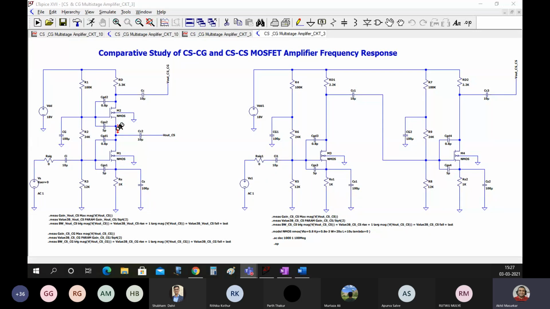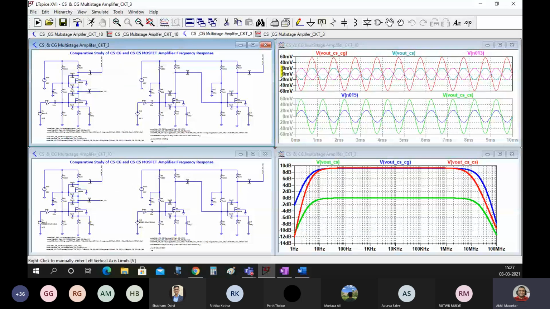We want the results like this. One is having a .tran analysis, and then we want an AC analysis.